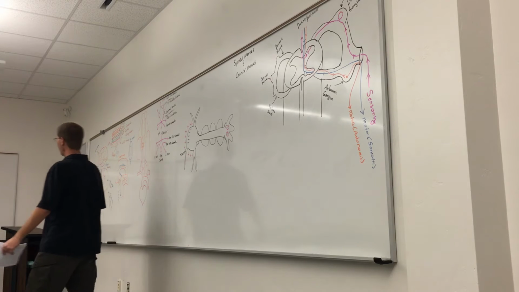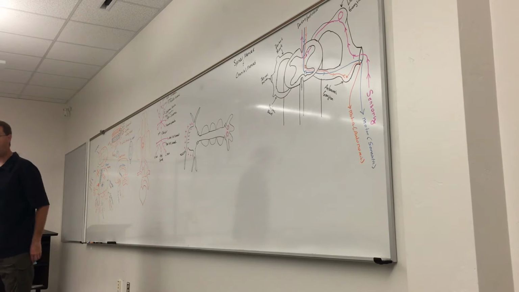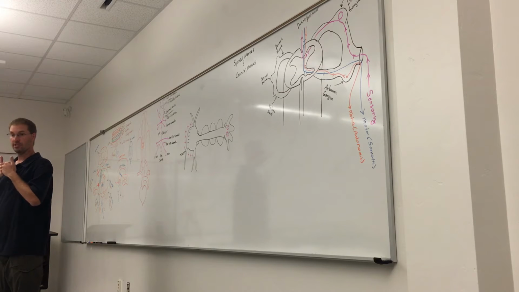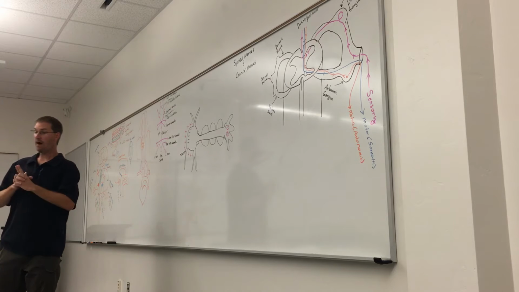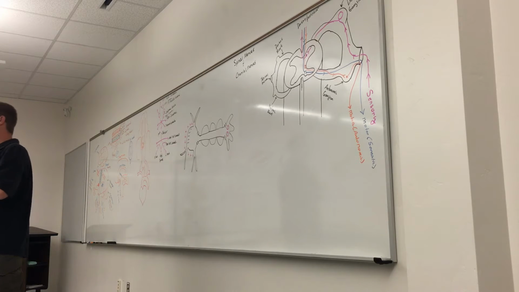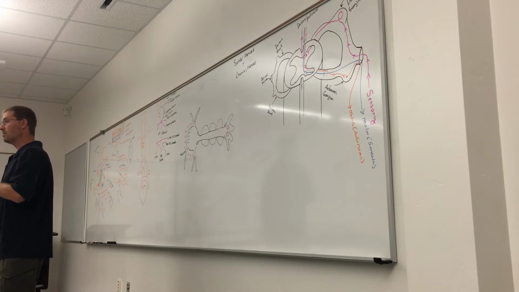So the way that I look at circulation in the brain is you have an anterior source of circulation and a posterior source of circulation. You guys go with that? Anterior and posterior. Now, there is a backup mechanism if your anterior or your posterior fails.